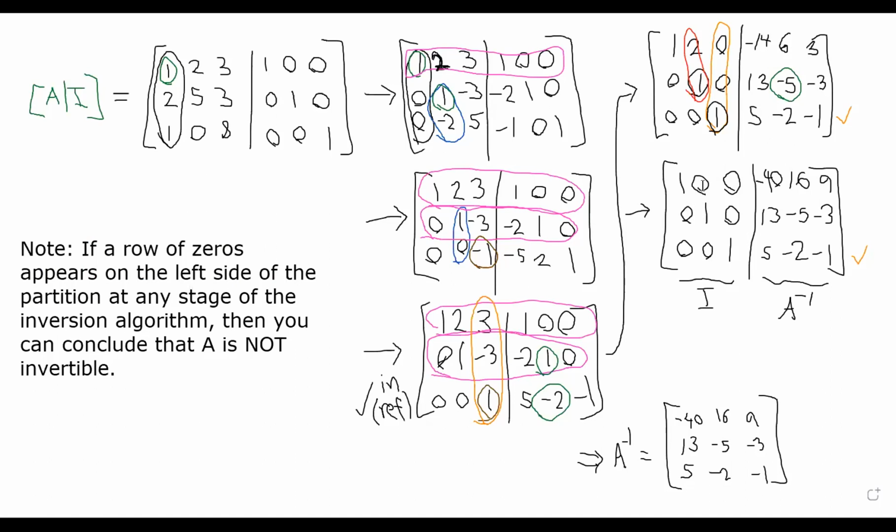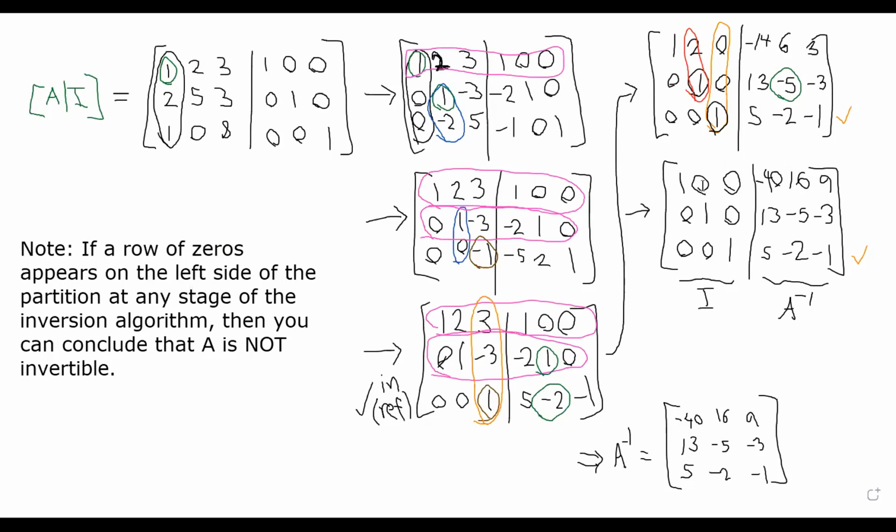And so the flip side of that is just because every elementary row operation has an inverse operation, since you can't get I to a matrix with a 0 row, you also can't get a matrix with a 0 row to be I. Okay, and so once you apply this procedure and you get a row of zeros, that means you stop and you realize that your matrix is not invertible.